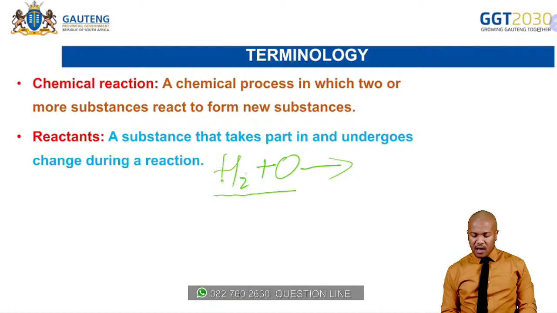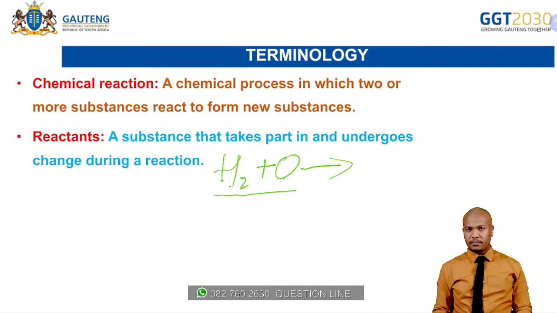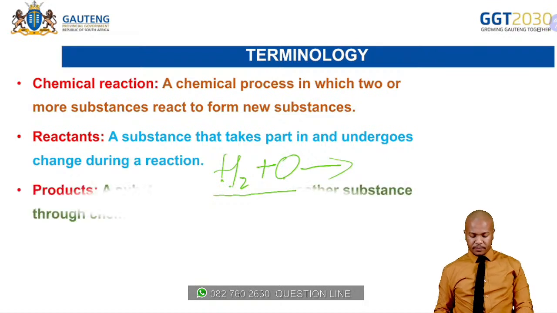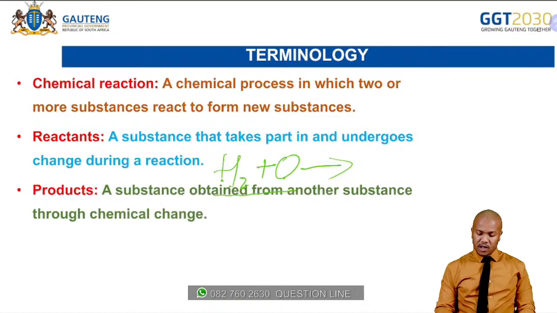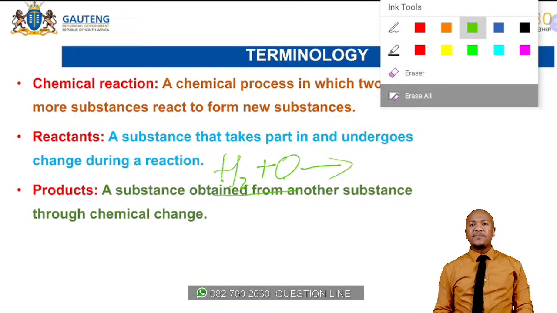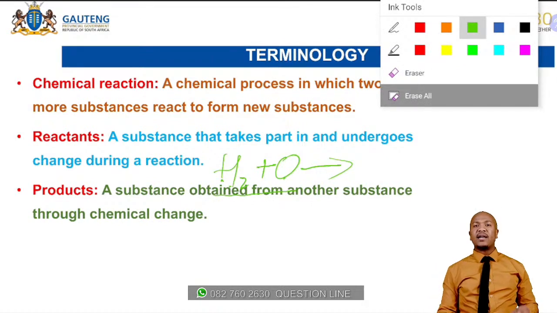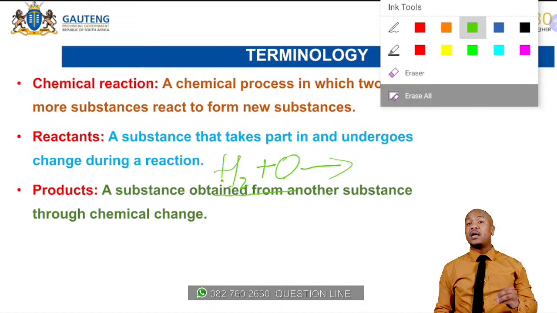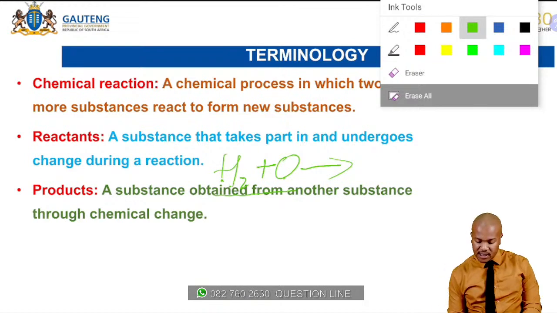So these ones are your reactants. Moving on. Product. So now product is a substance obtained from another substance through chemical change. Remember our example again.